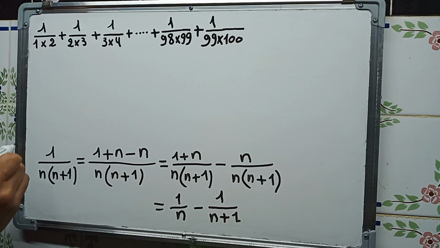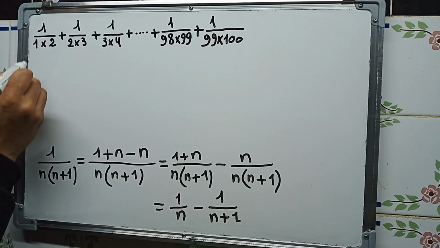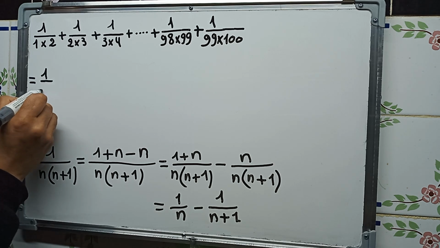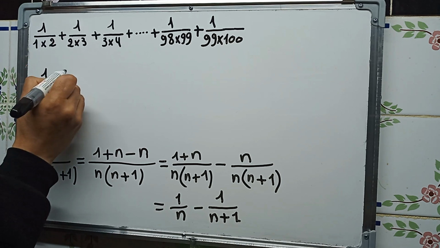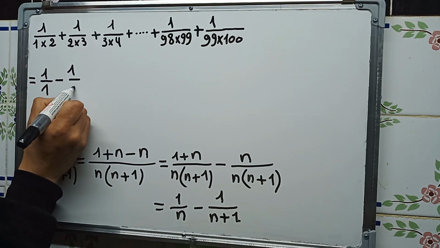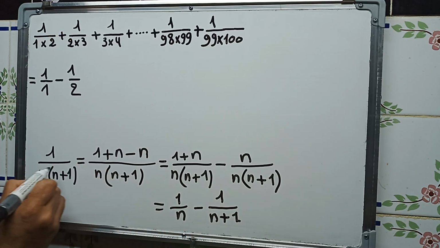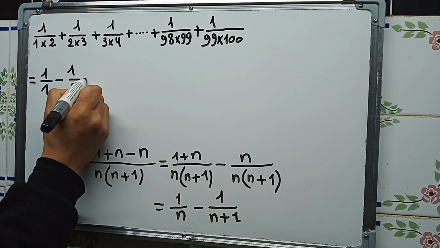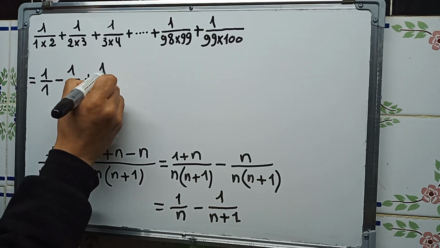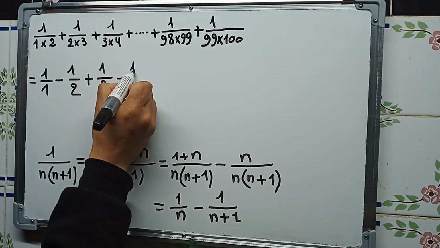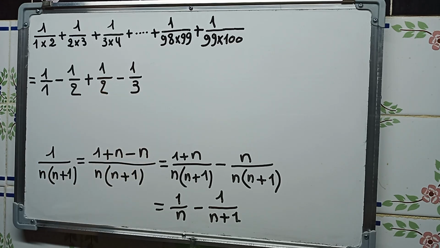Let's start with the first, with n equals 1. It's 1 over 1 minus 1 over 2. For the second one, the same rule, plus 1 over 2 minus 1 over 3.